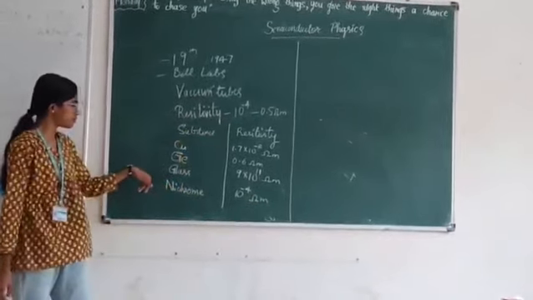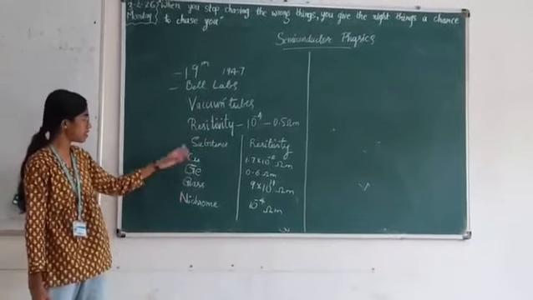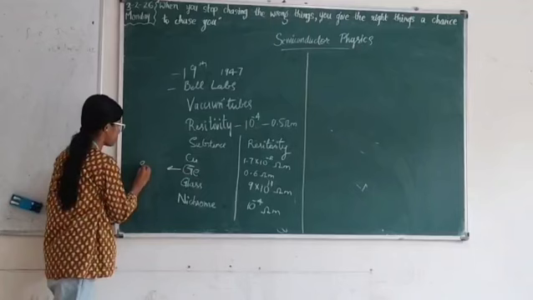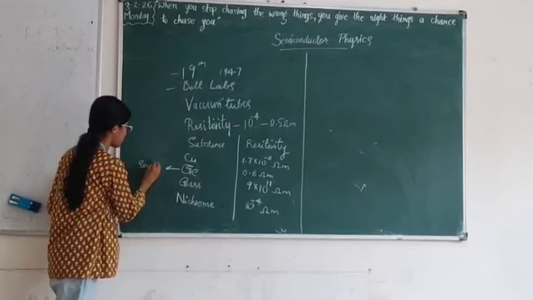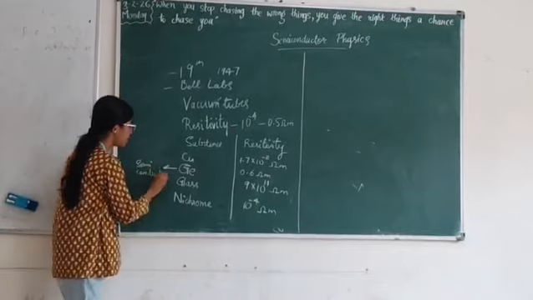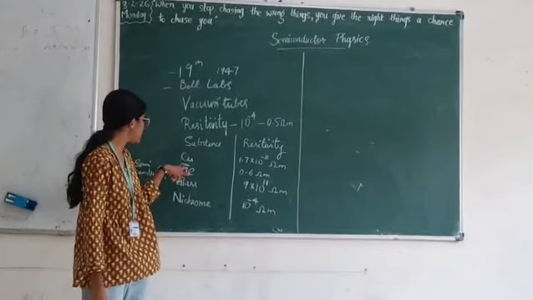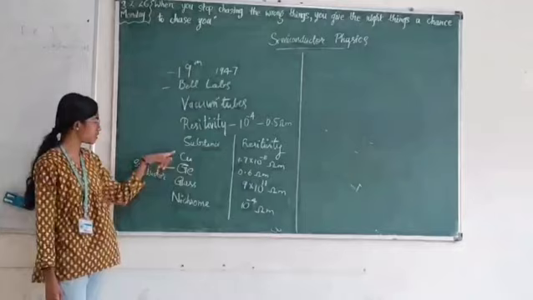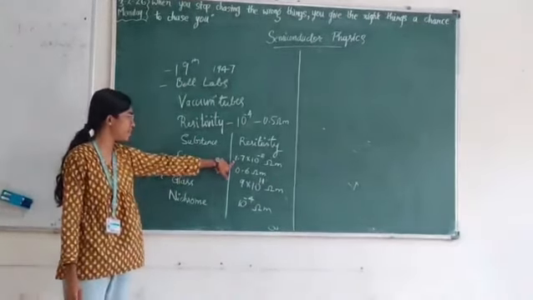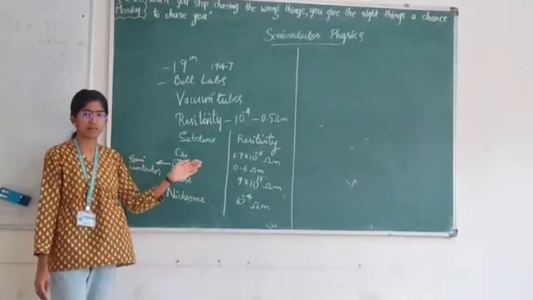Now compare these resistivities with each other. This is our semiconductor. Compare the resistivity of this semiconductor germanium with copper. Copper has a resistivity of 1.7 into 10 raised to minus 8 ohm meter.